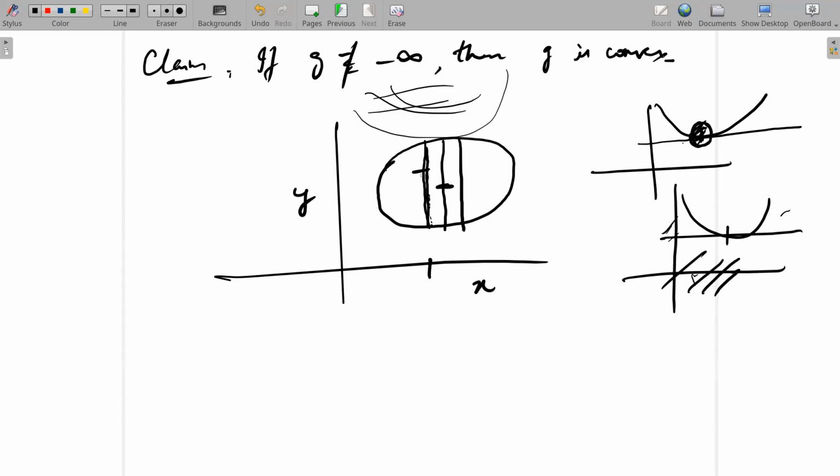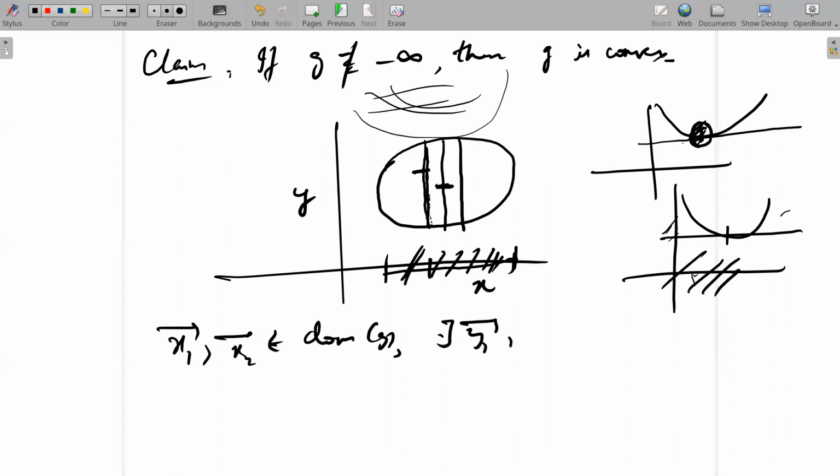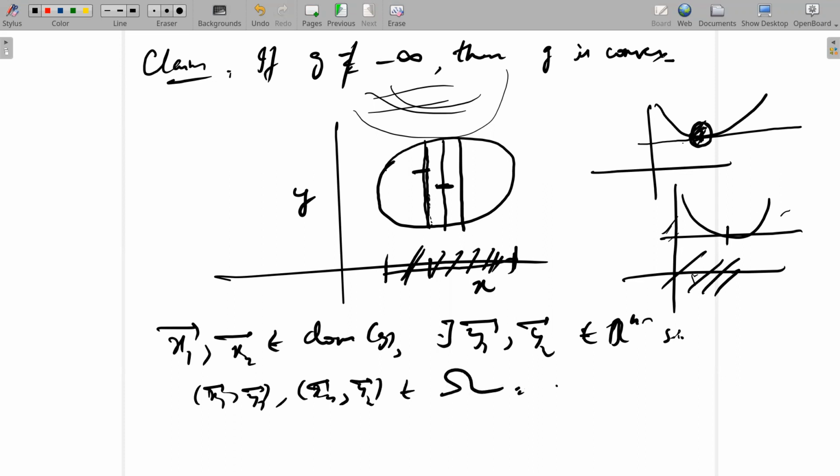All right. So here the claim is, for each x, I have this smallest value, and the claim is that this new g, as a function of this interval, is convex. The way we showed it is essentially we have x1, x2 in the domain of g, which means there exist y1, y2 in R^m such that (x1, y1) and (x2, y2) first of all belong to omega, which is the domain of f.